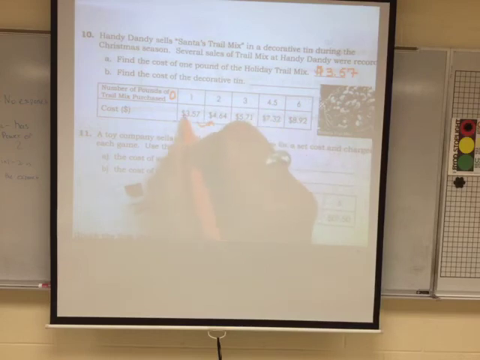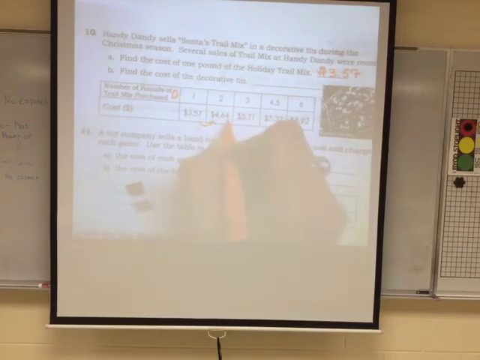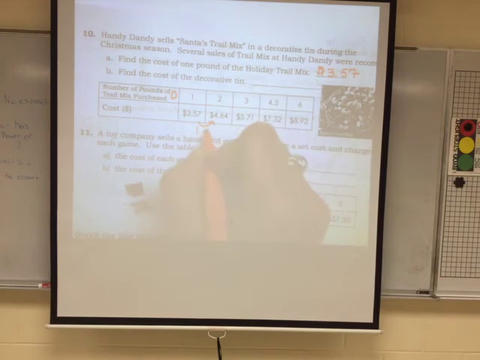So here, my change from $3.57 to $4.64 is $1.07. My change from $4.64 to $5.71 is $1.07.